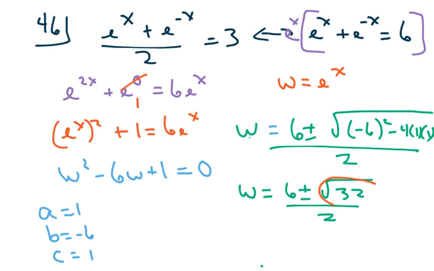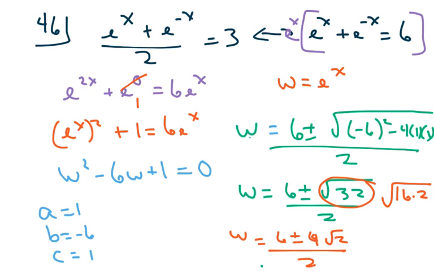This right here is 16 times 2, so I can pull out a 4. So we get w equals 6 plus or minus 4 root 2 over 2. That gives us 3 plus or minus 2 root 2. Alright, that equals w.